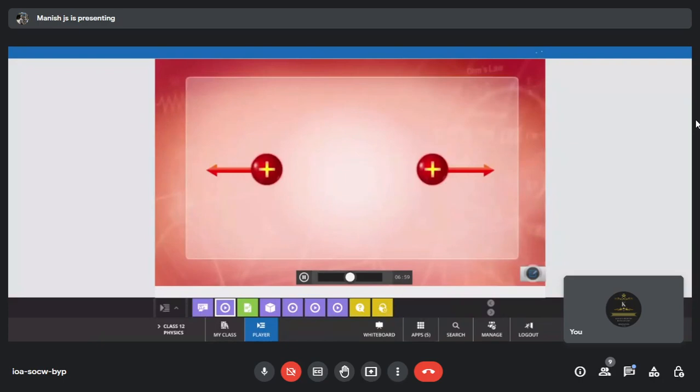Let us now analyze Coulomb's findings from the experiment. Look at these 2 charged spheres of diameter d1 and d2, having charges q1 and q2 respectively, and separated by a distance r. Now, since the diameters of the spheres are much smaller than the linear distance r between them, it is appropriate to consider the spheres as point charges.